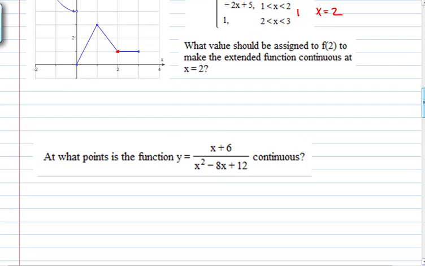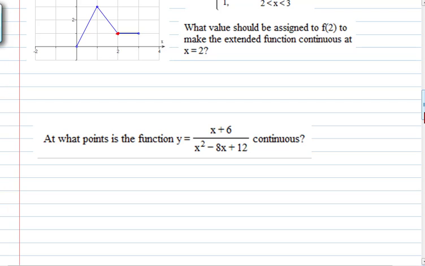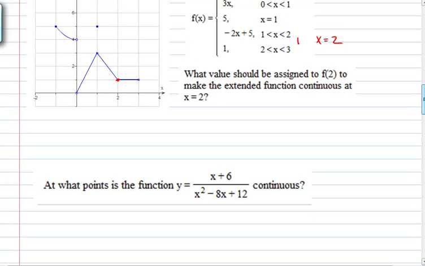All right. At what points, if any, is the function given here by y continuous? Oh, wait. Hang on. I thought of another question. How many points of discontinuity are there on this graph? 1, 2, 3, 4.